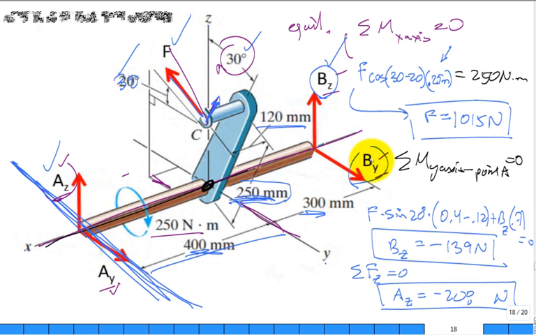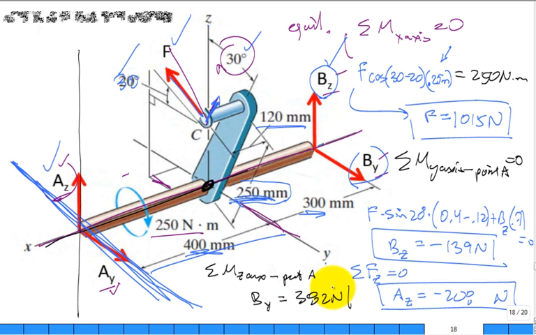If you don't want AY to contribute, could I do something like this? What is that? The sum of the moments about the Z-axis that goes through point A. Let me just give the answer that BY, a little bit of math there, is 382 newtons.